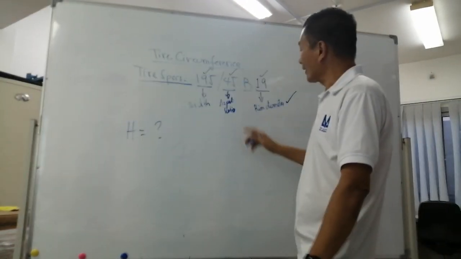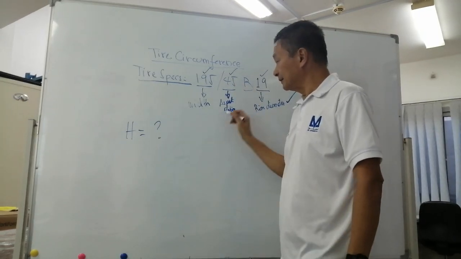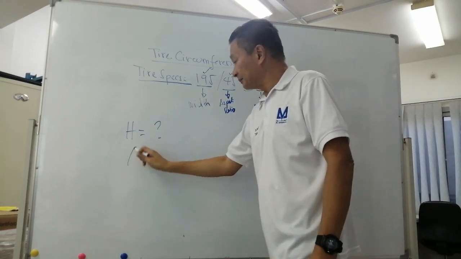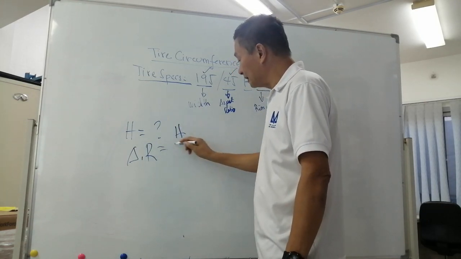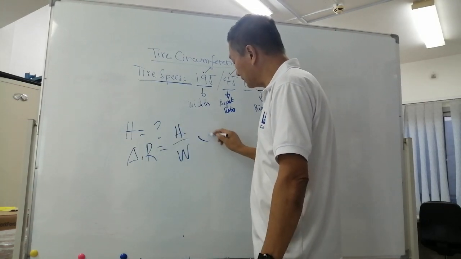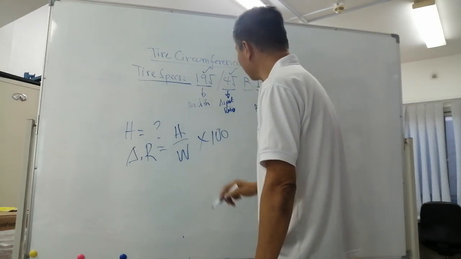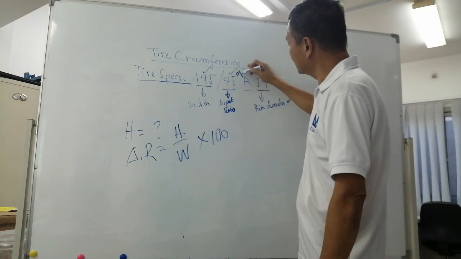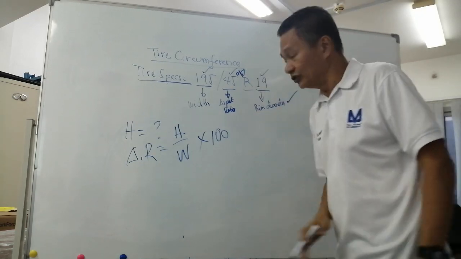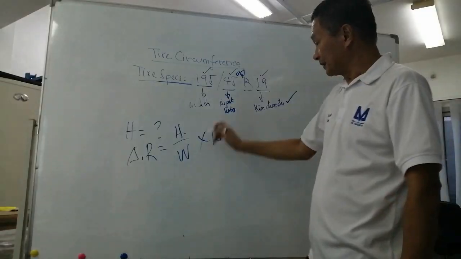Go back to the aspect ratio, which I will call AR, equal to height over width times 100. This 45 is expressed as a percentage.